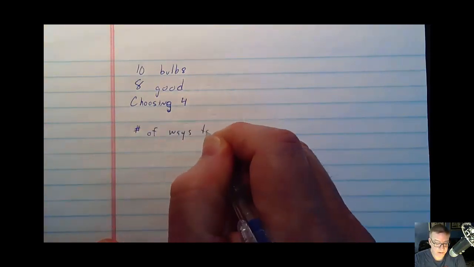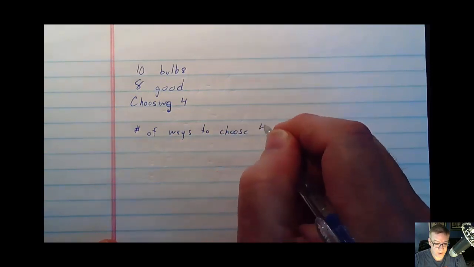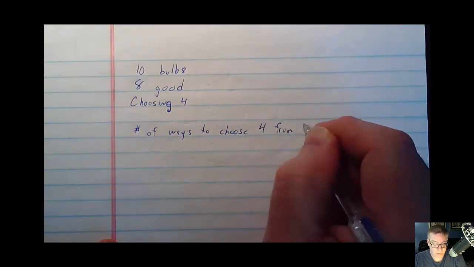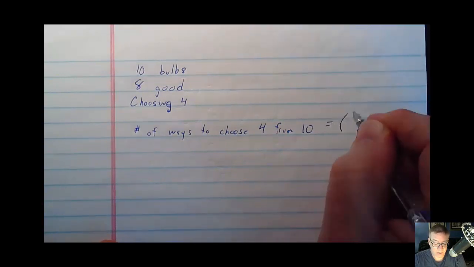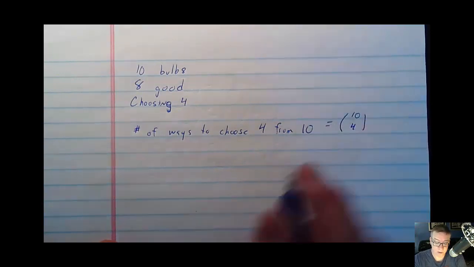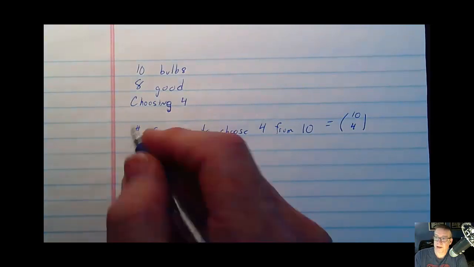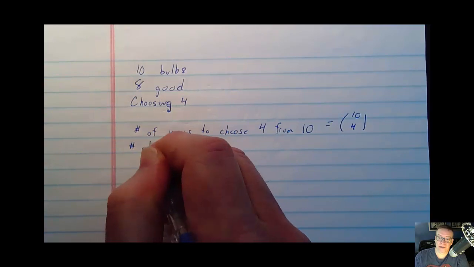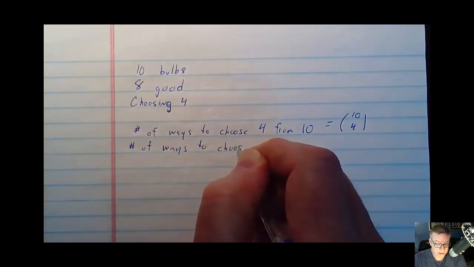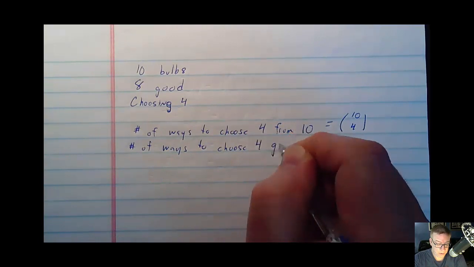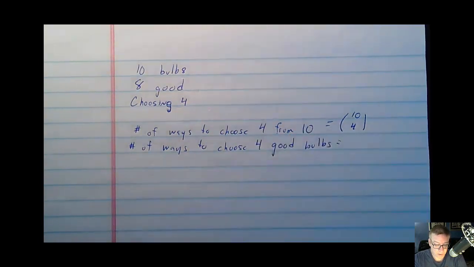Well, the number of ways to choose 4 from 10 bulbs altogether would just be 10 choose 4. That's our sample space. That's the number of ways in which we can do that. So what about the number of ways to choose 4 good bulbs?